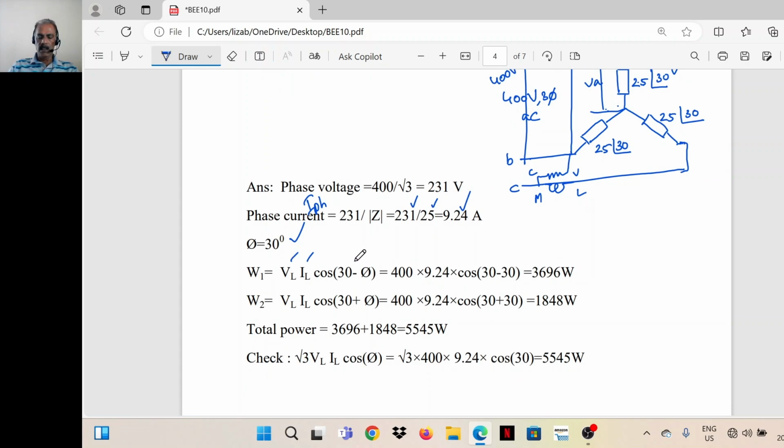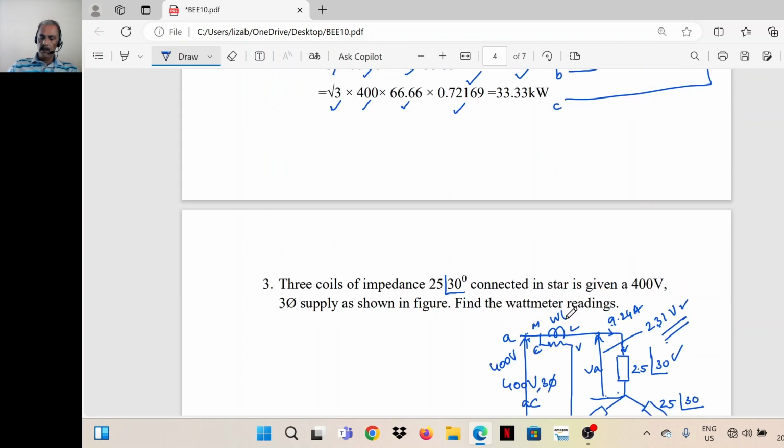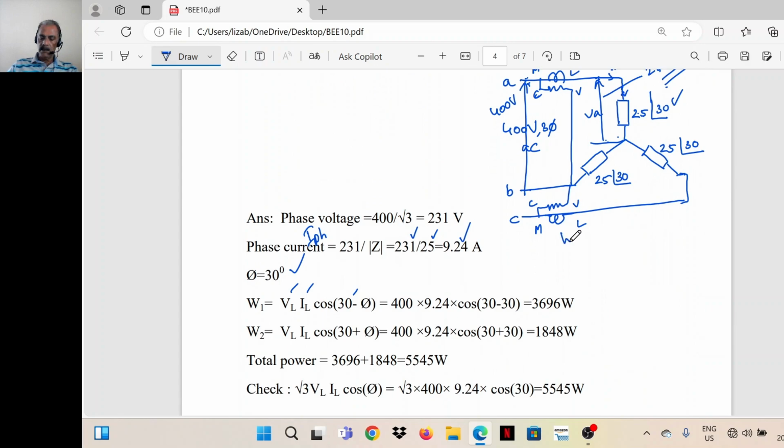One of the wattmeters will read VL IL cos of 30 minus phi and the other one will read cos of 30 plus phi. Take this as W1 and this as W2. W1 is VL IL cos of 30 plus phi.